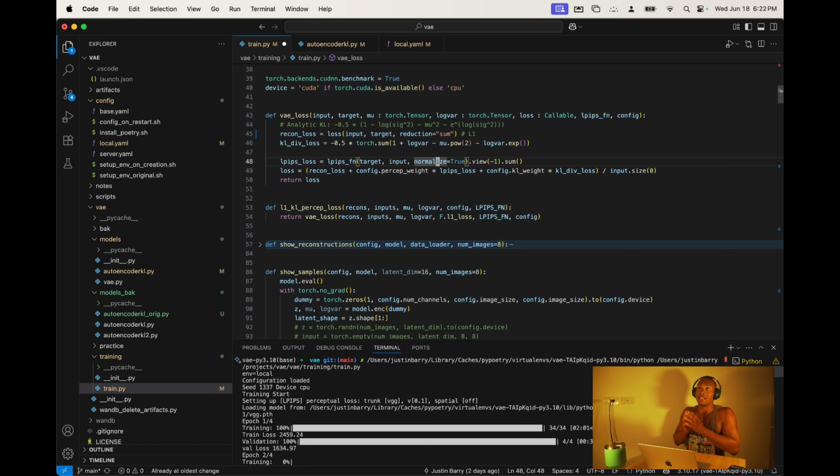So what it does is it takes your original image, your ground truth image, your label, and your reconstructed image, and it projects both of them into VGG's learned embedding space. And then it calculates the L2 norm of the images in that space.